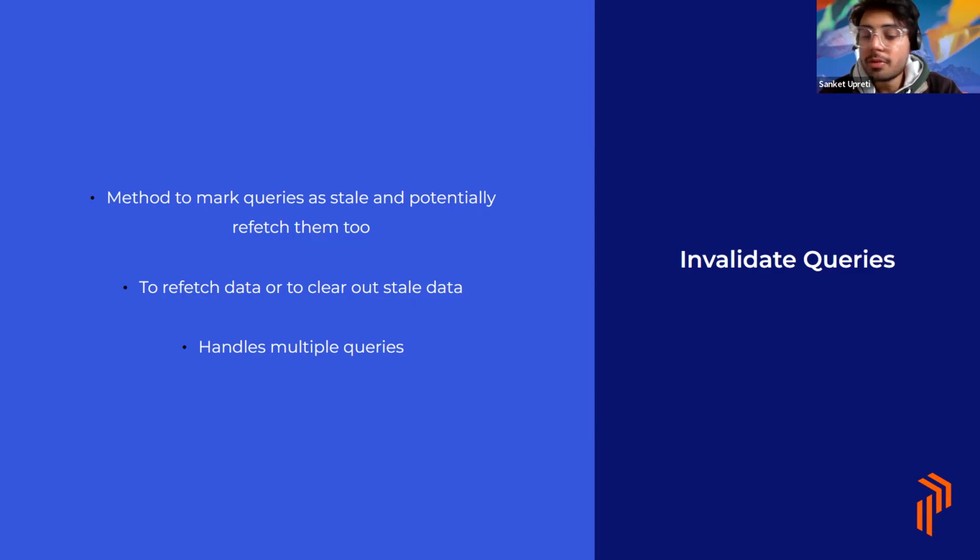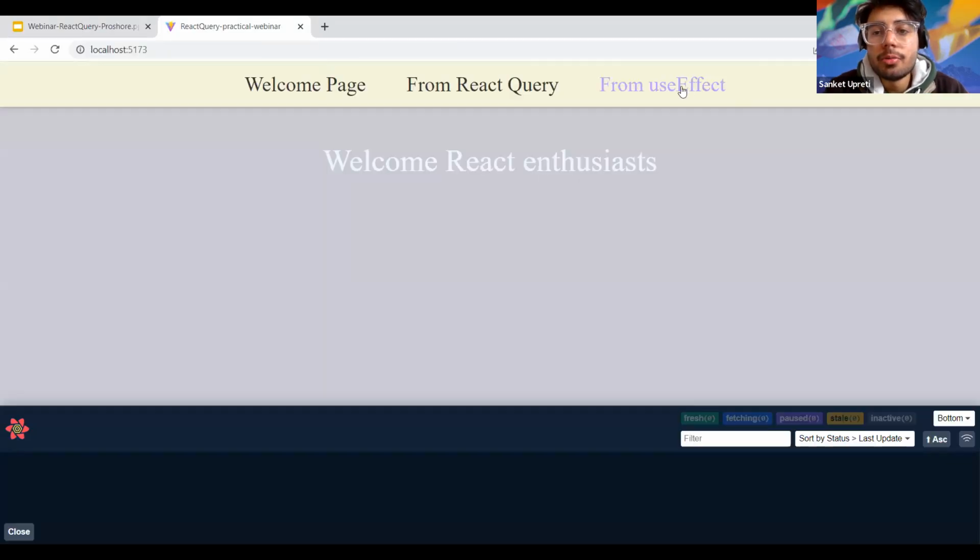It is popularly used with mutation. It is the method to mark queries as stale and potentially refetch them too. To refetch data or to clear our stale data, this is why we use invalidateQueries, and it also handles multiple queries.